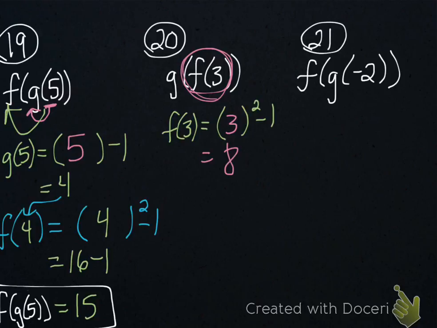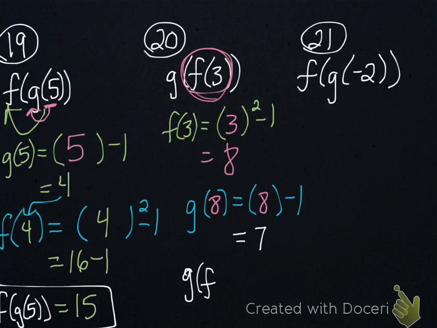So now let's take our g function, g of the 8, and we're going to plug in, that would be a parenthesis minus 1, plug in the 8. 8 minus 1 is what? 7. So the g of the f of 3 equals 7.